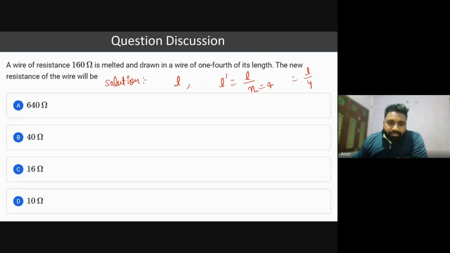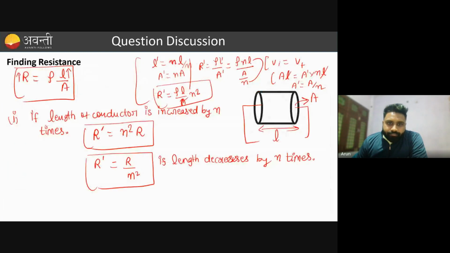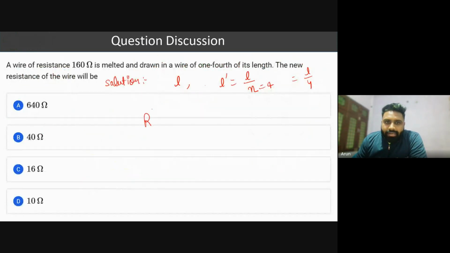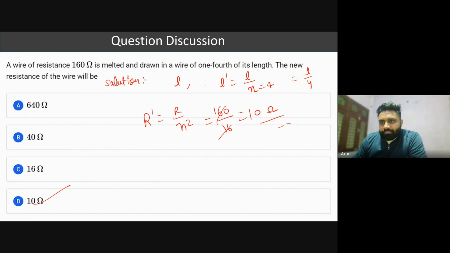So if it is decreasing n times, the resistance would decrease by n square times. So R dash is R upon n square. R is nothing but 160, n square is 4 square, which is 16. So it will become 10 ohm. Option D is correct. Look how simple this is. Instead of going into this volume constancy and all, you directly apply this formula, get the answer and save your time.